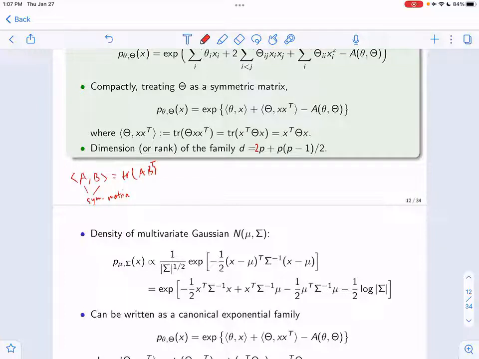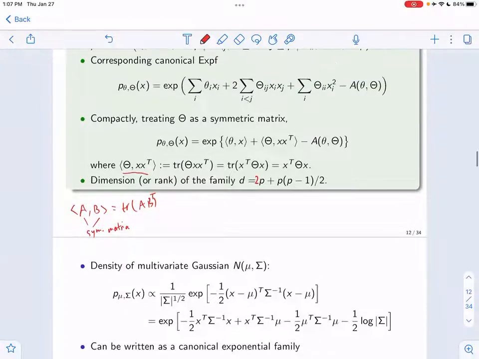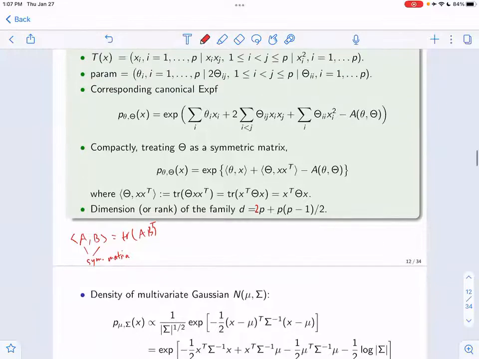So the claim is that I can write this expression like that. This part should be x transpose theta x. The way we added the 2 here makes it like that. This should be familiar to people who have worked with quadratic forms.